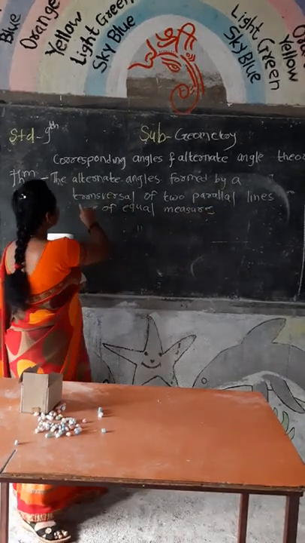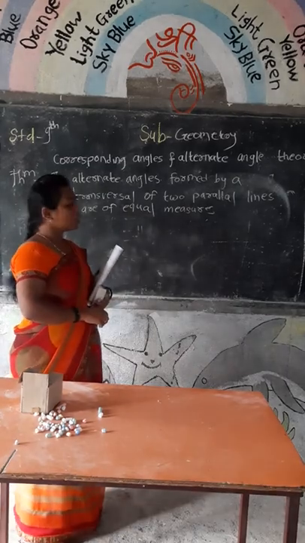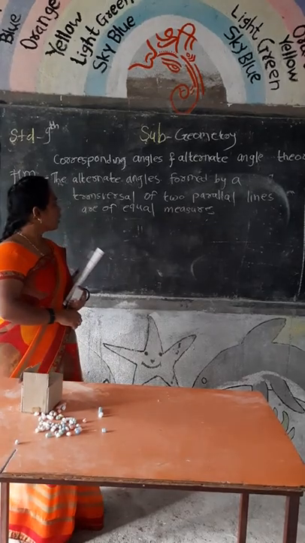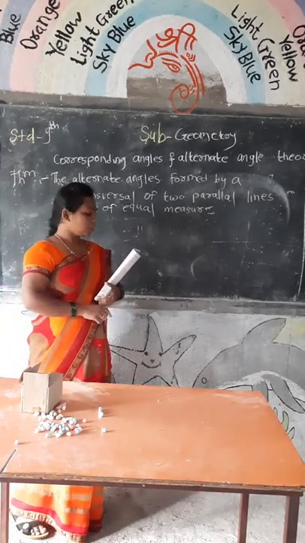The statement of the given theorem is: alternate angles formed by a transversal of two parallel lines are of equal measure.